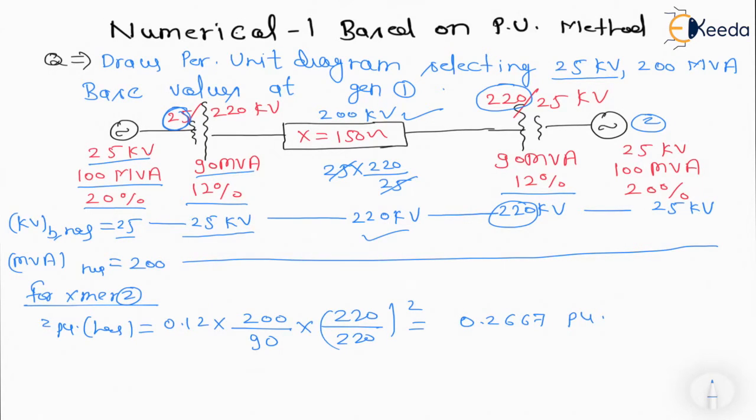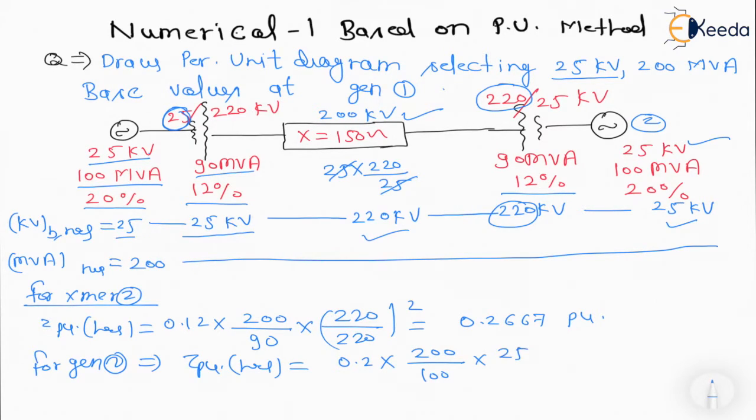For generator number 2, ZPU new will be equal to ZPU old 20%, so 0.2, into MVAB new 200 upon MVAB old 100, into KVB old 25 upon KVB new 25, squared, and that comes out to be 0.4 per unit. So we have calculated all the per unit values.